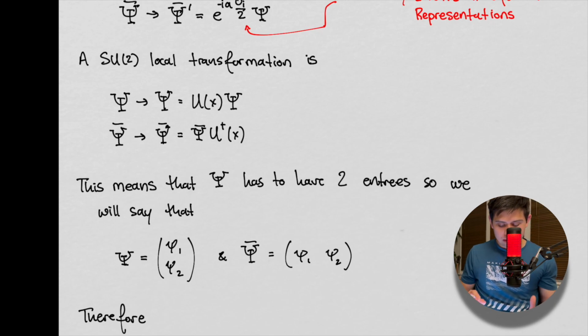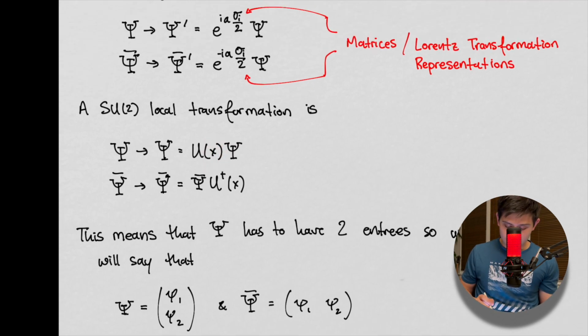So now let's get into SU2 local transformations. A local transformation is going to look like this. We have this U of x. This is a unitary transformation. It's a function of x again, x being the space-time. I'm saying U just to be a little bit shorter here.